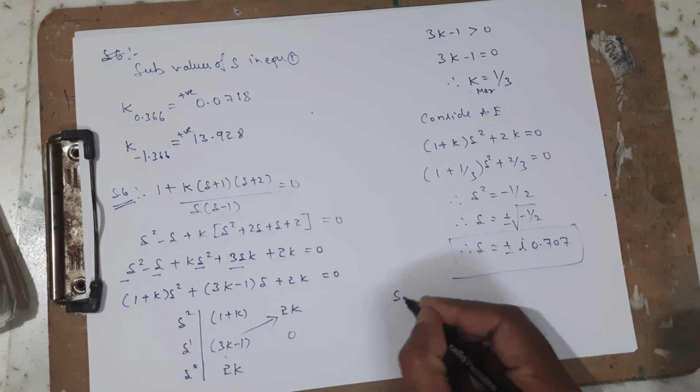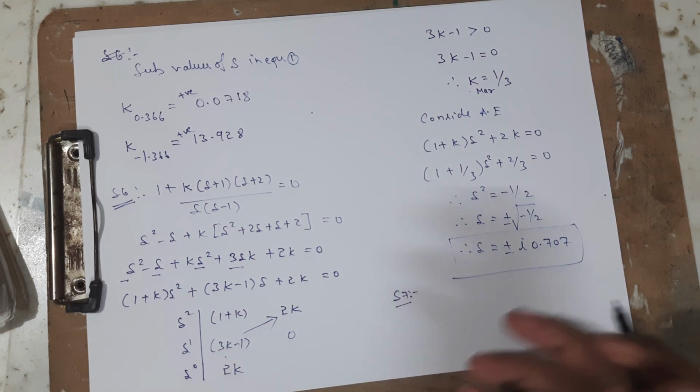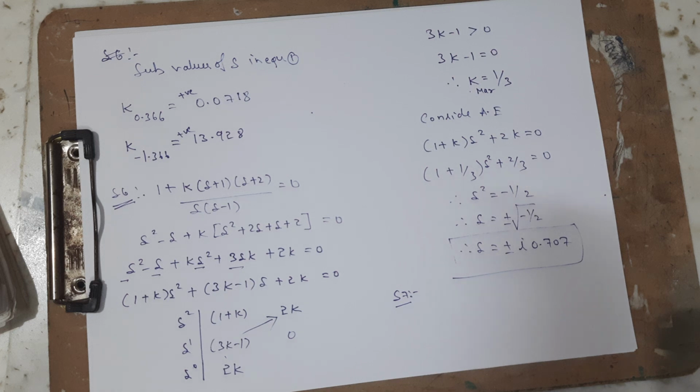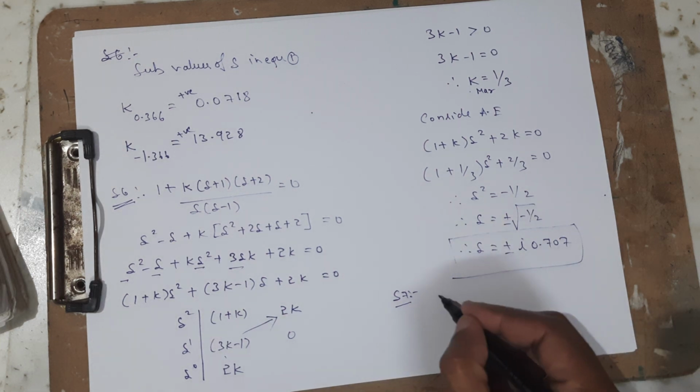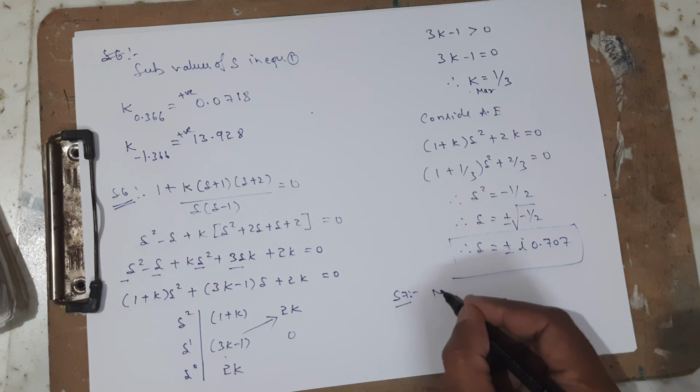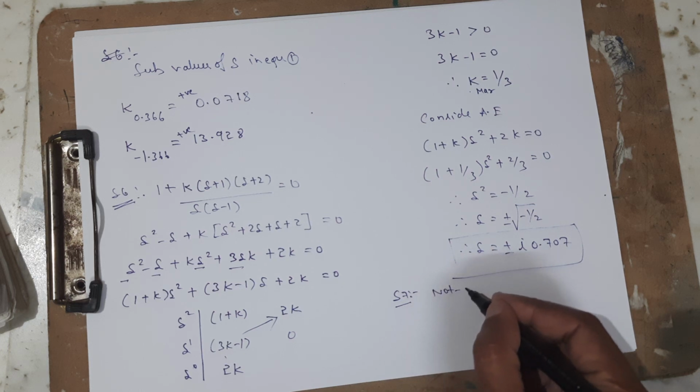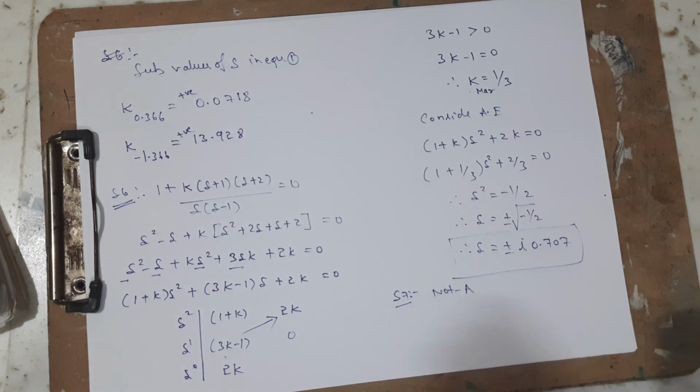Next, what is step number 7? To find out the angle of arrival and angle of departure. In this case, we don't have any angle of arrival and angle of departure since we don't have any complex poles. So not required. Step number 7 is not applicable, as I told. Now, what is step number 8?